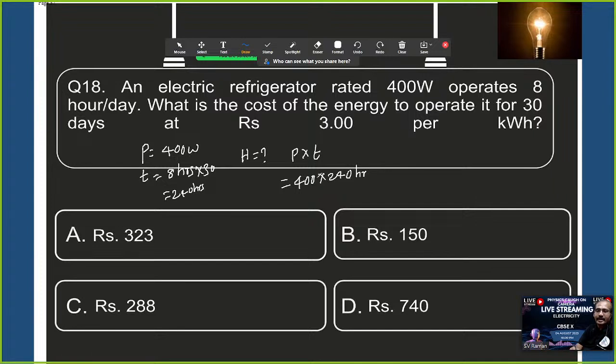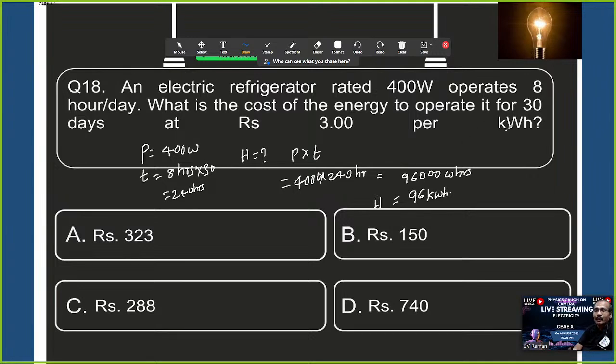So finally, how many watt hours? We will see that. 96,000 watt hours, we can write it as 96 kilowatt hours. So this is the total energy we consumed.